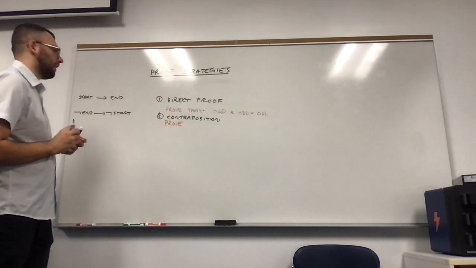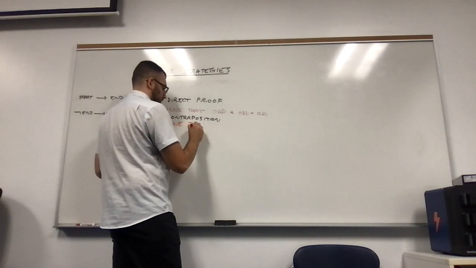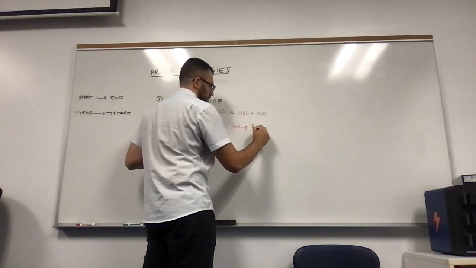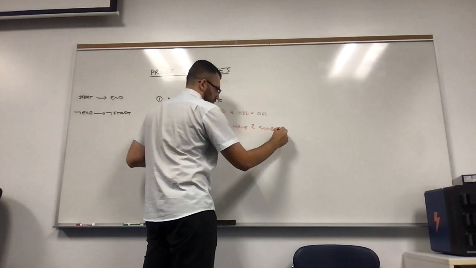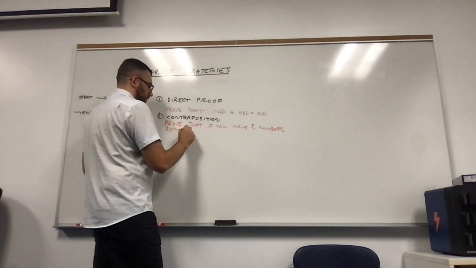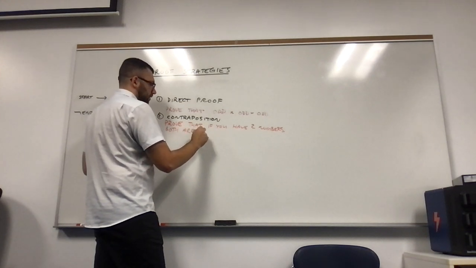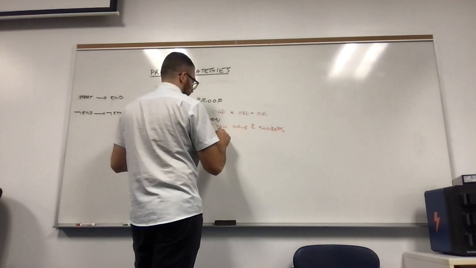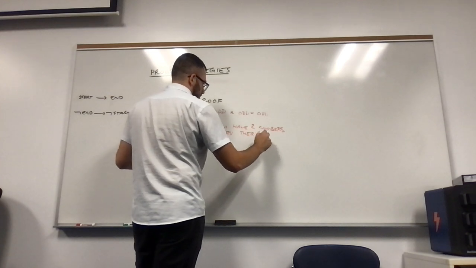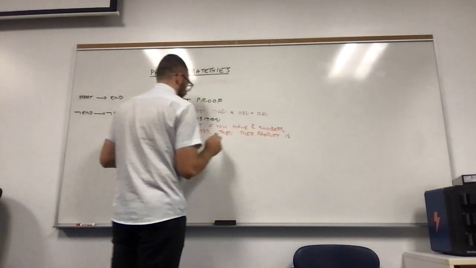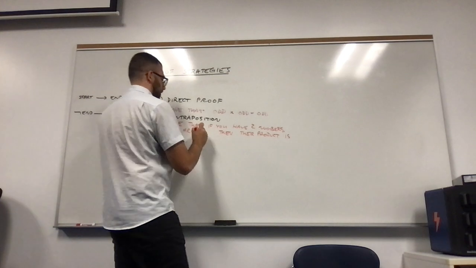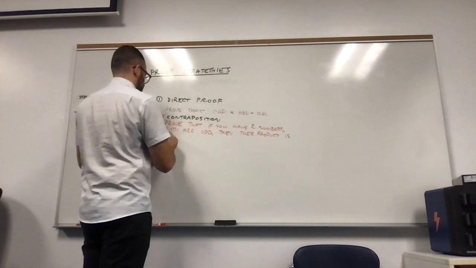I want you to prove that if you have two numbers, both are odd, then their product is odd.